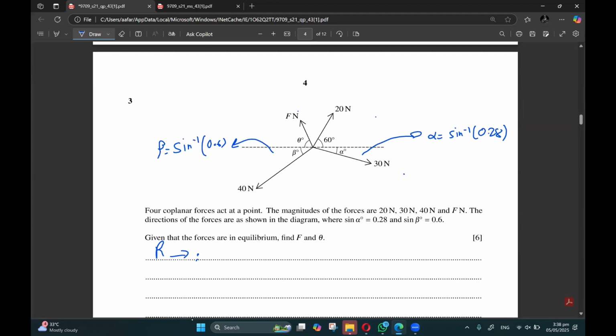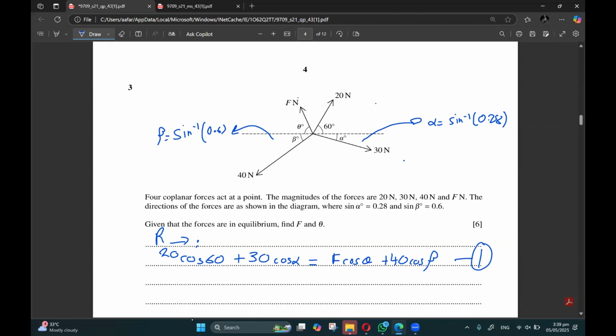So 20 cos 60 plus 30 cos alpha, equal to F cos theta plus 40 cos beta.